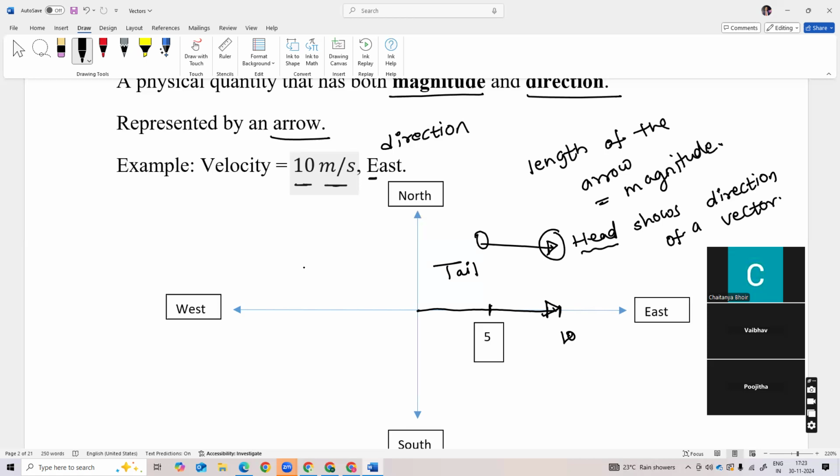Since this head is pointing towards east, and the magnitude of this arrow is 10, this is showing us a velocity of 10, let's say 10 meter per second. The unit is meter per second. So 10 meter per second east.